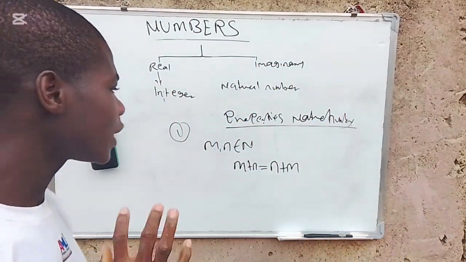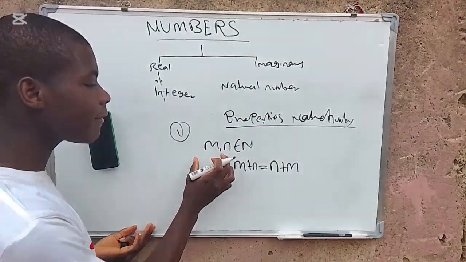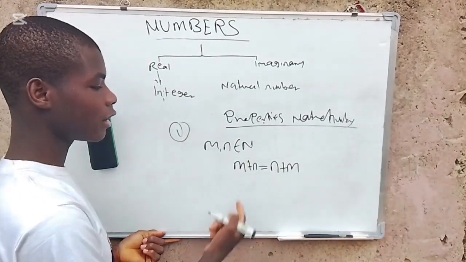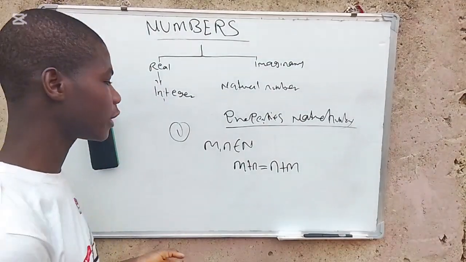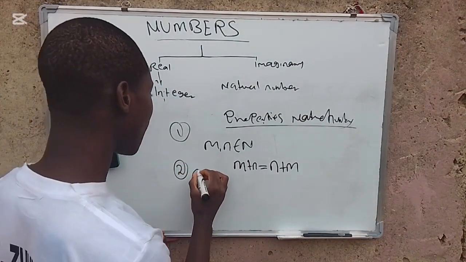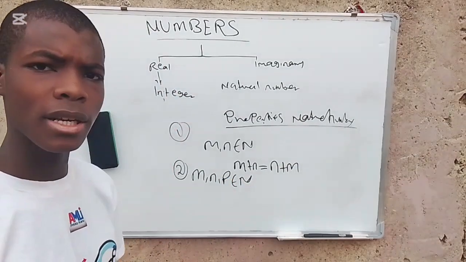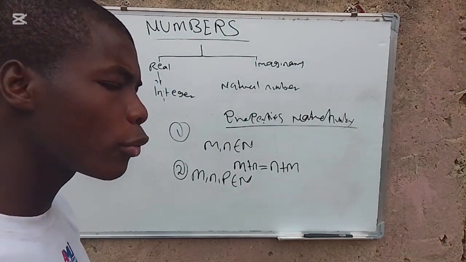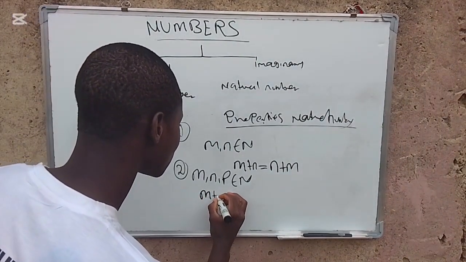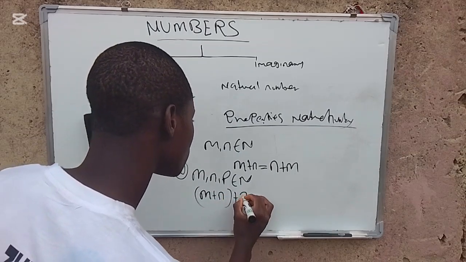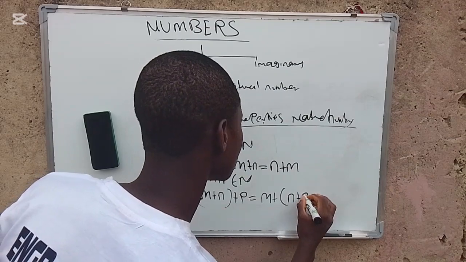Also, addition and multiplication are associative. Suppose I have m, n and p as elements; they are all natural numbers. To show that it is associative, we know that m plus n plus p is the same thing as m plus the quantity n plus p.